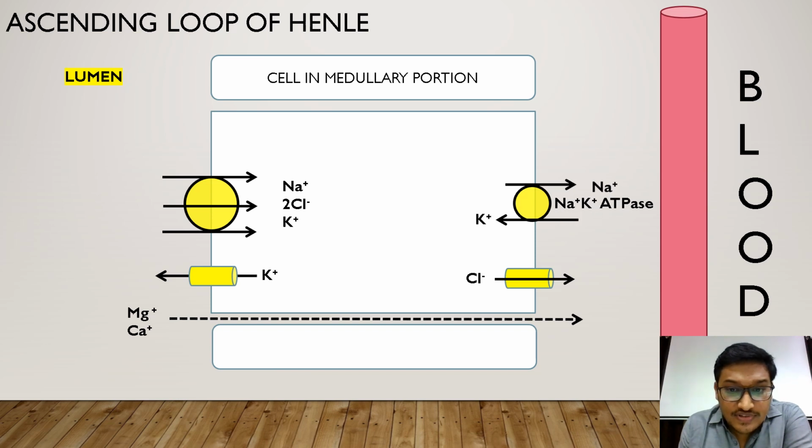This potassium entering the cell is secreted into the lumen via potassium channels, and the chloride which is absorbed is secreted into the blood via chloride channels. Even in the ascending loop of Henle, other ions like magnesium and calcium are absorbed via the peritubular space. The most important class acting here is the loop diuretics, which is furosemide.